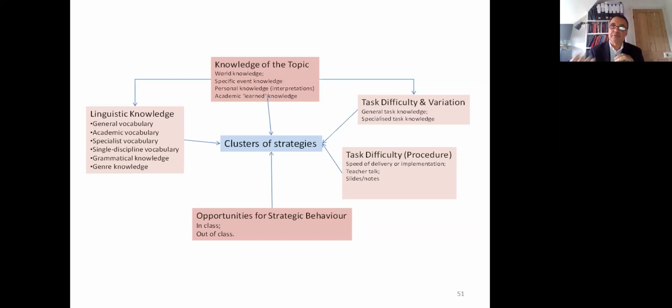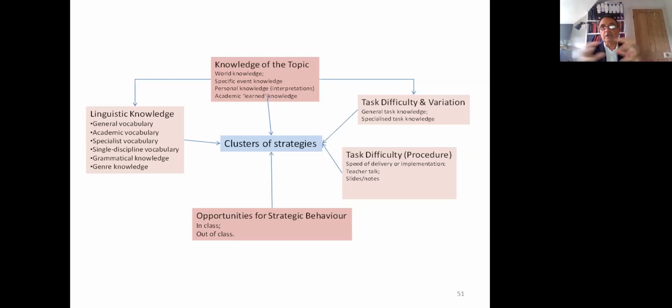Then there's the task difficulty variation, and just a general task difficulty procedure. Finally, we have opportunities for strategic behavior in and out of class. In class, that may well be regulated by what the teacher allows, whereas out of class, the students will have more autonomy in deciding on their strategic behavior.